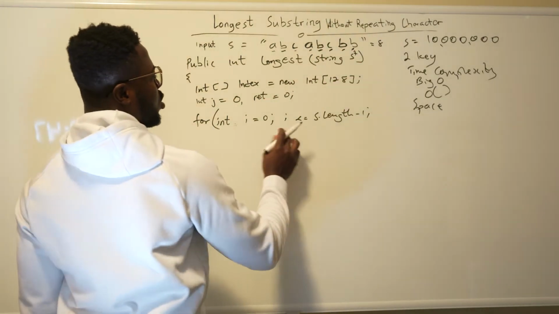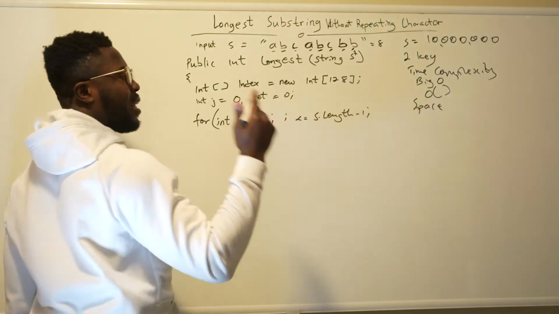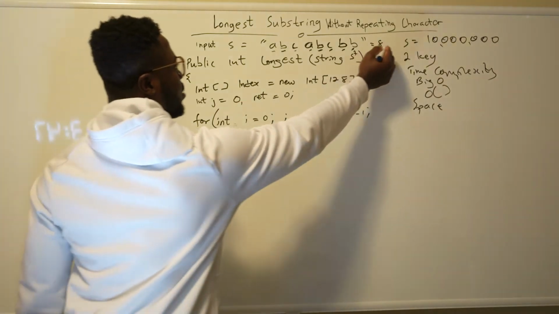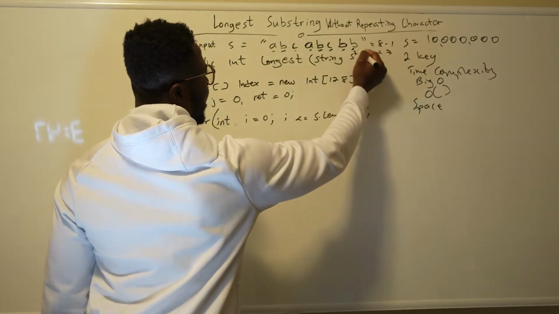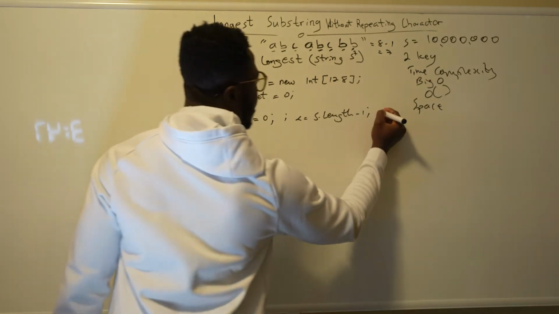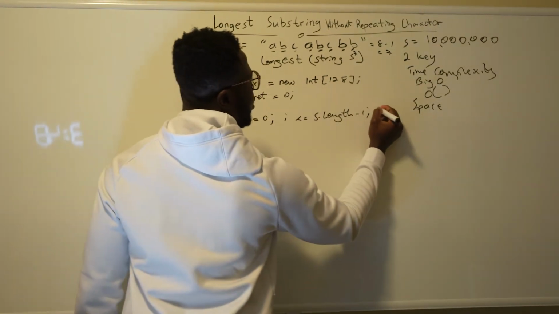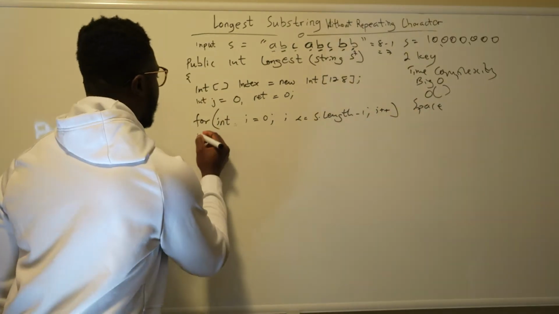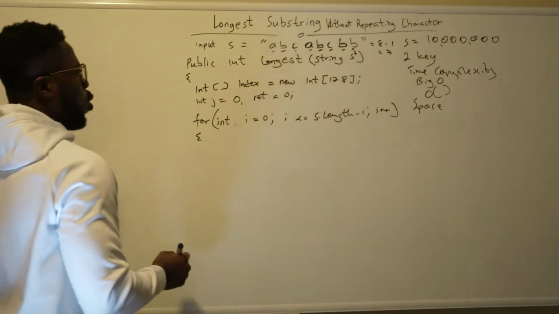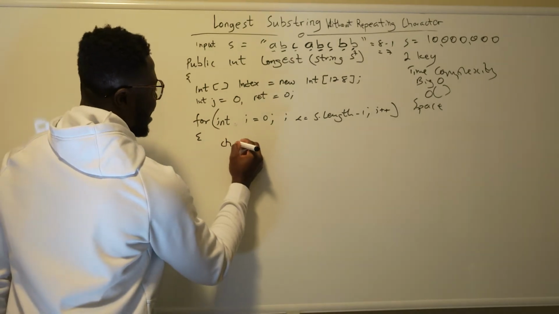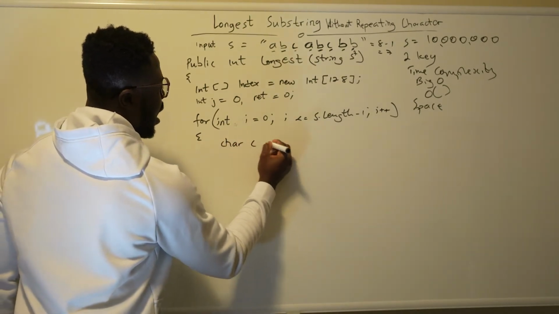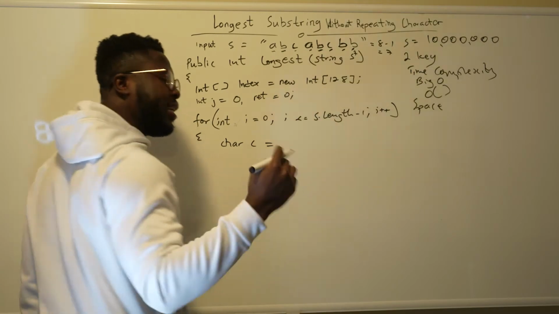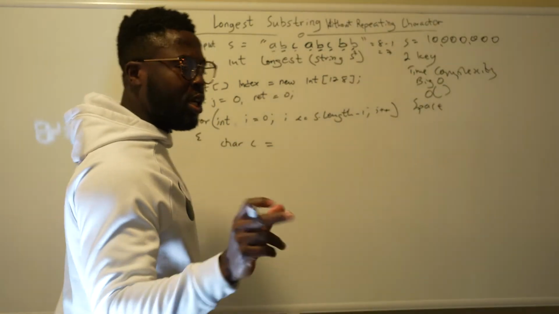We have to stop at the last index, so 8 minus 1 gives us 7. We start from 0 and increment until we get to the last index. Then we start.